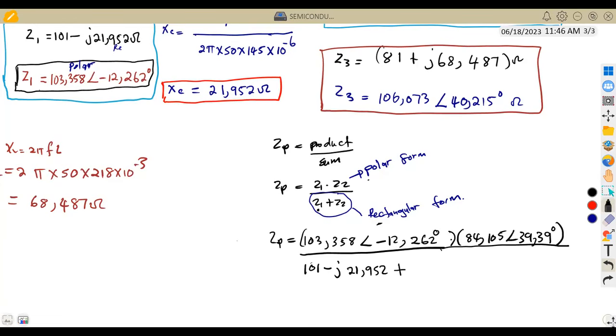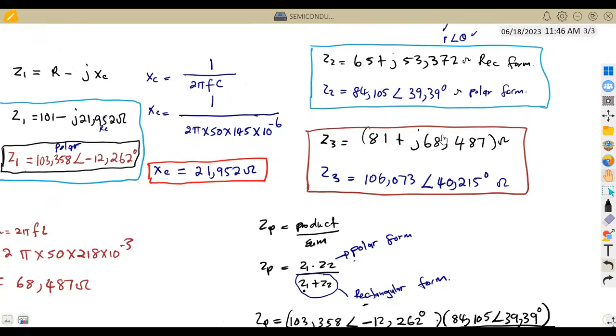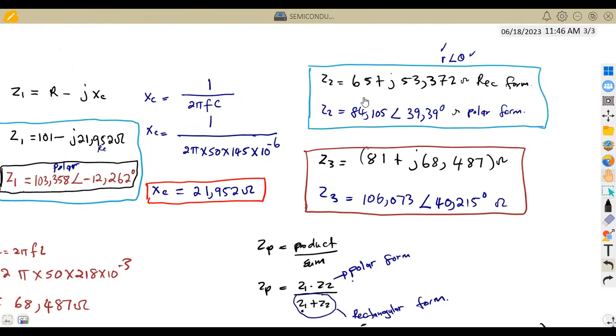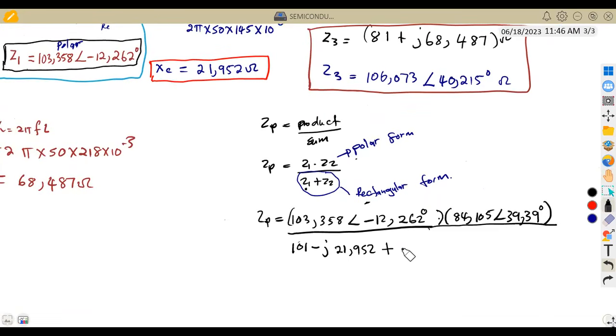Our Z2 in rectangular form is 65 plus j53.372. So we are going to take plus 65 plus j53.372, like this. All right, so this is for the parallel combination.